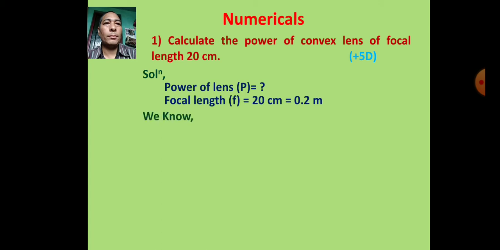We know P equals 1 upon f, or P equals 1 upon 0.2, or P equals 5. Therefore, P equals 5 diopter.